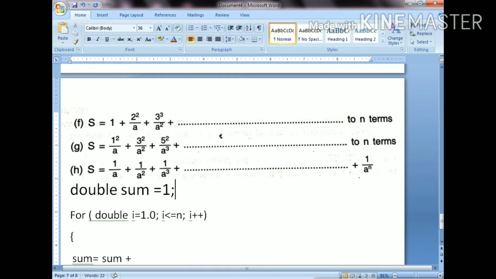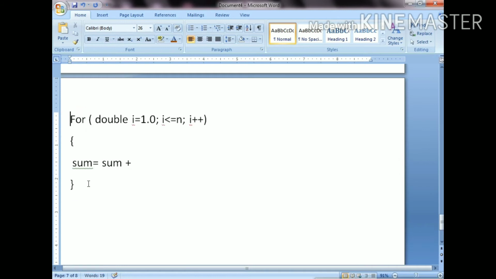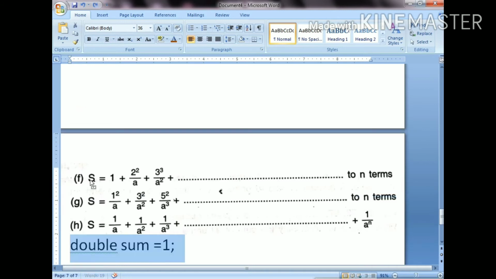I start calculation with this area because there are no 1 by a. I can use another concept, no need, delete this one. So I just delete this line, no need, double equals 0.